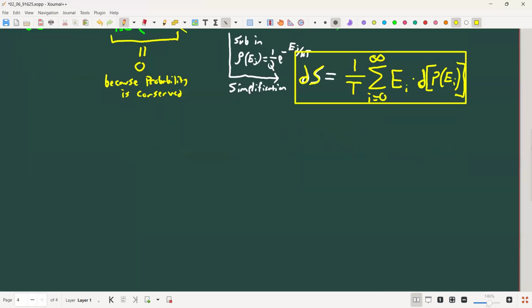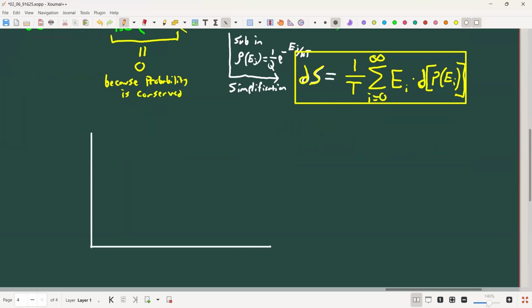And I like to think about this graphically. So again, think about making a box of gas or liquid, it doesn't matter, some material, and asking each atom, what's your energy? Pluck one out, take a snapshot, ask it for its energy.